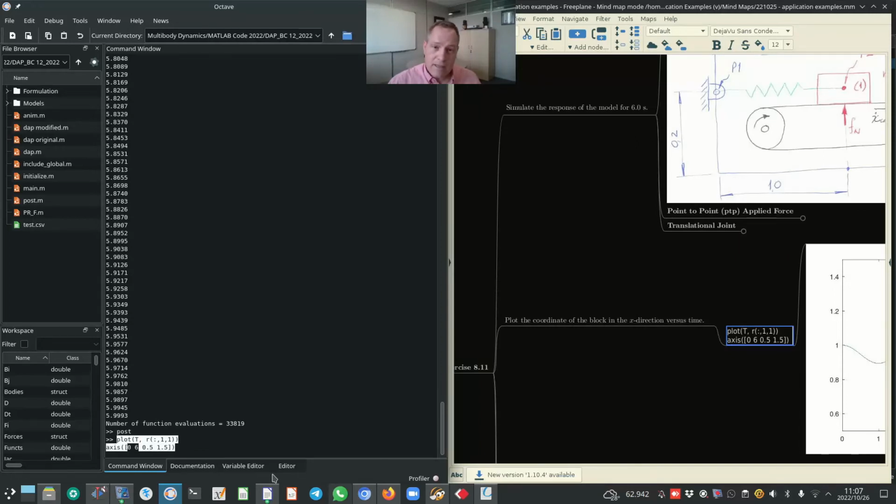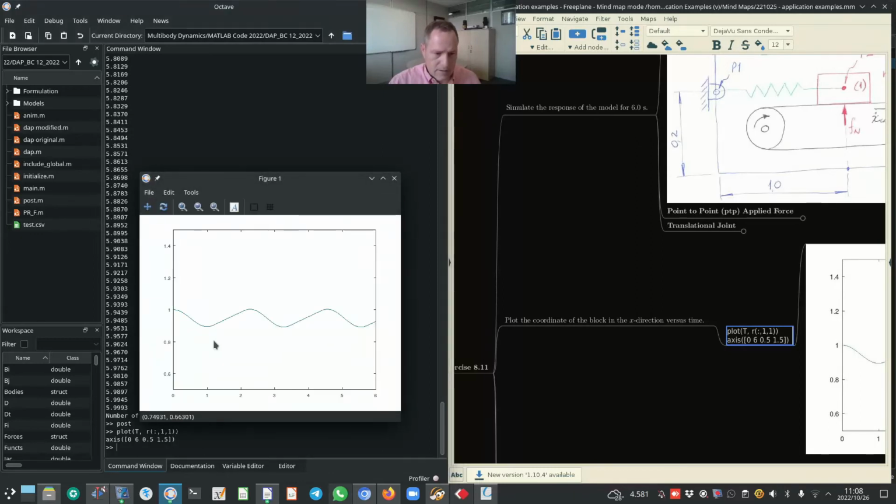But the y-axis is the one that I want specifically to correspond to the results presented by Prof. Nikravesh in his textbook. There I've used 0,5 as a minimum and 1,5 as a maximum. If I enter that, then you can see the plot.